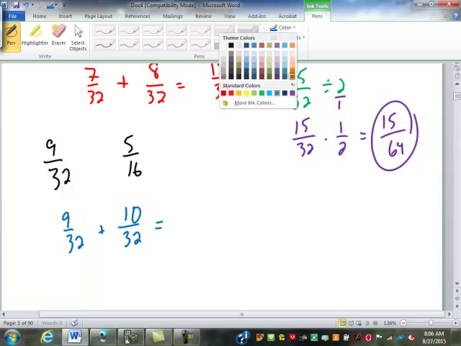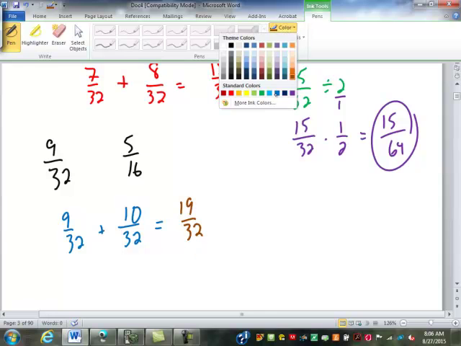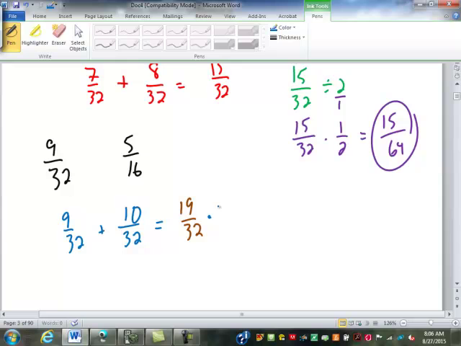So that adds up to 19 32nds. Yep. And then we have to divide by 2 or just multiply by 1/2. That'll give us 19 64ths. Any questions? Why don't you guys take a couple minutes and do 3 through 10.